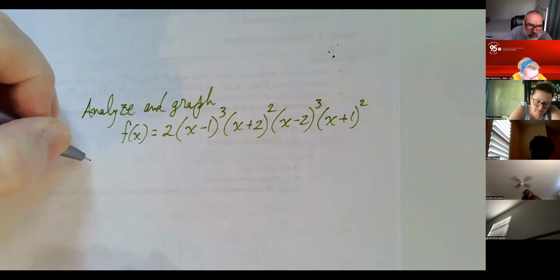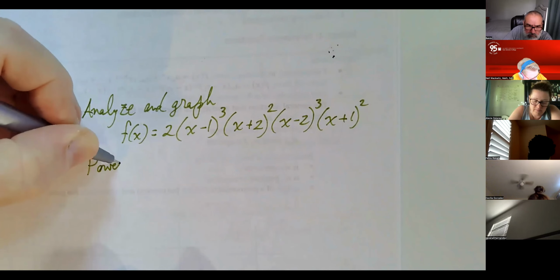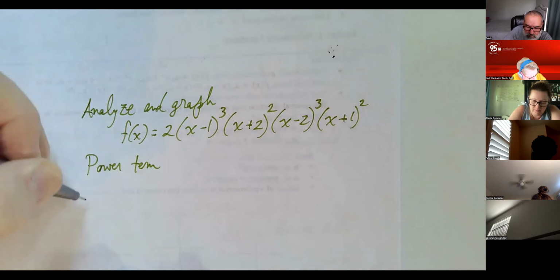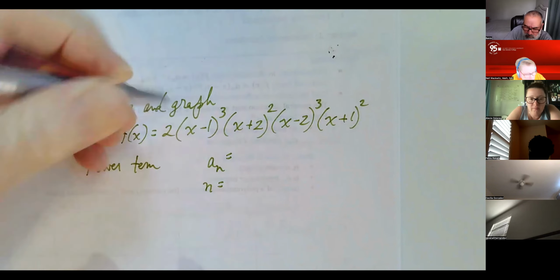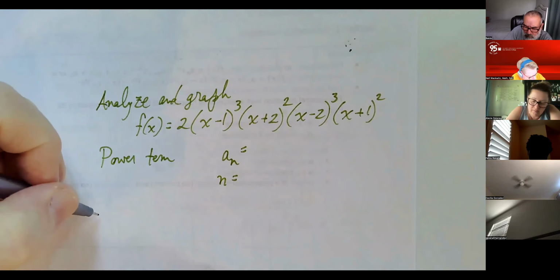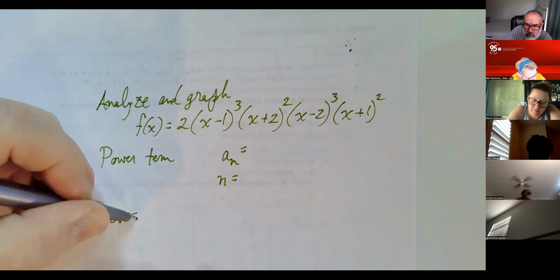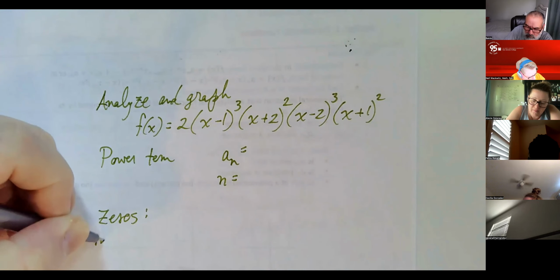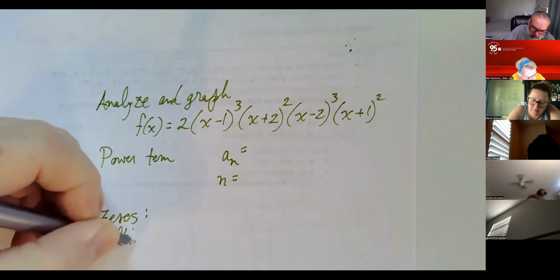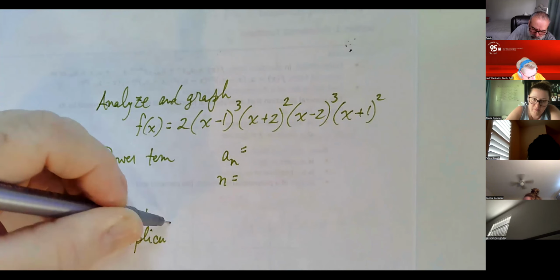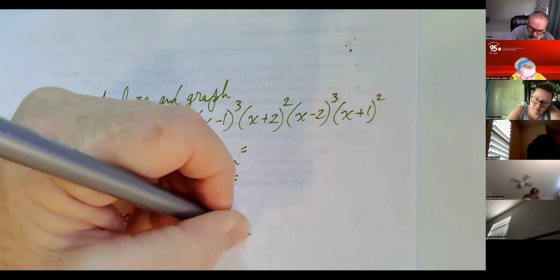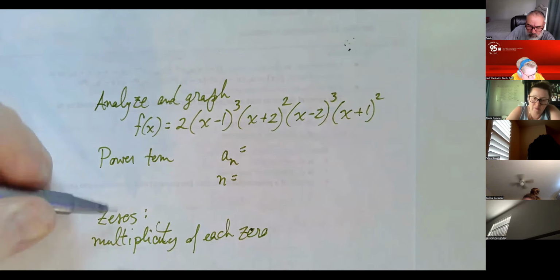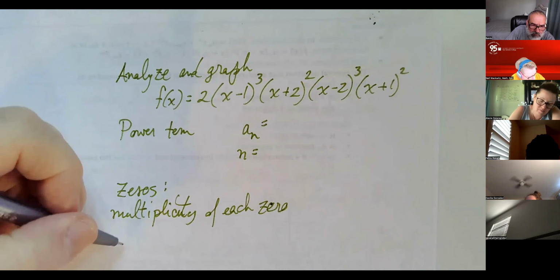So I need the power term. And that means we need to know what a sub n equals and what n equals. We need the zeros, the multiplicity of each zero, and the y-intercept.